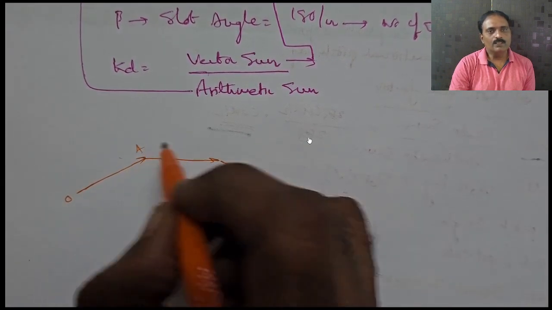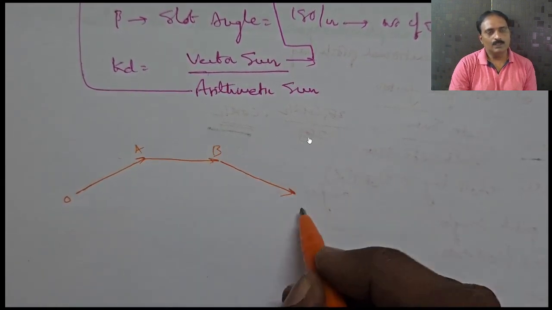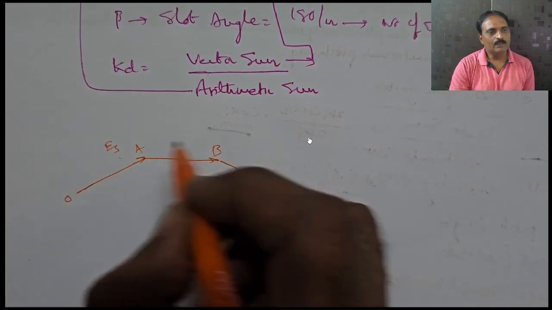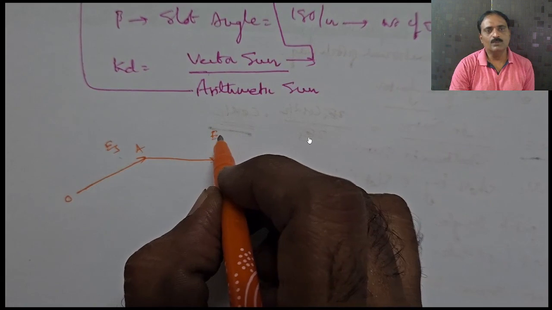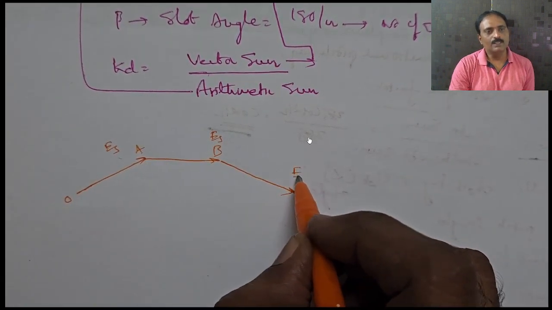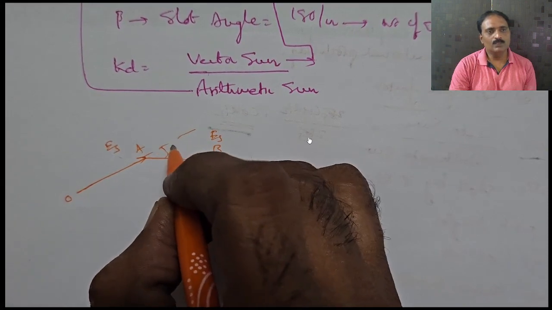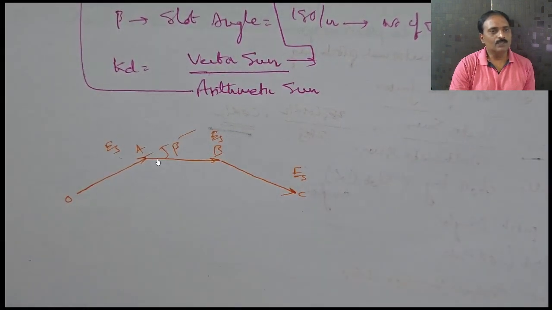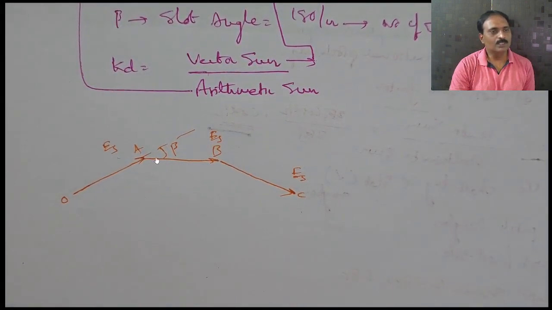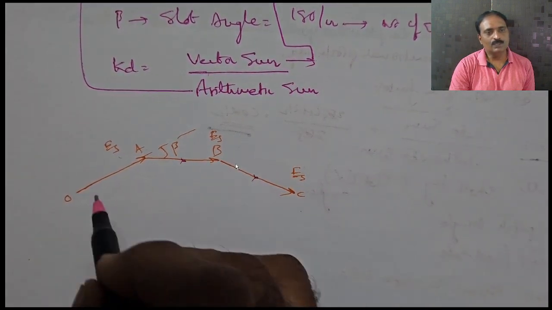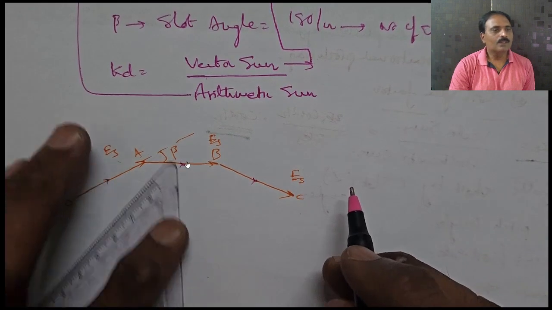So each coil side is going to be placed one slot angle difference with respect to the previous coil. Hence the vectors are going to have a phase difference of beta with respect to the previous one. Something like, AB is going to have a phase difference of beta with respect to OA, and similarly BC is going to have a phase difference of beta with respect to AB.